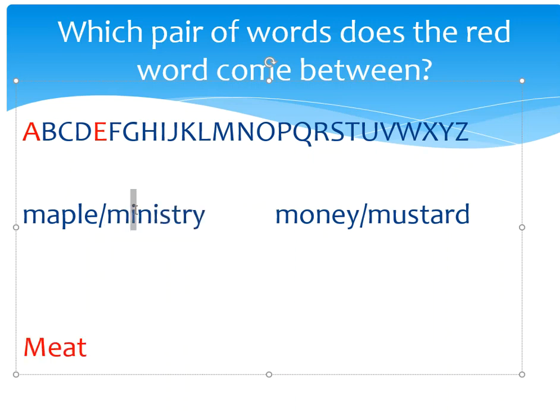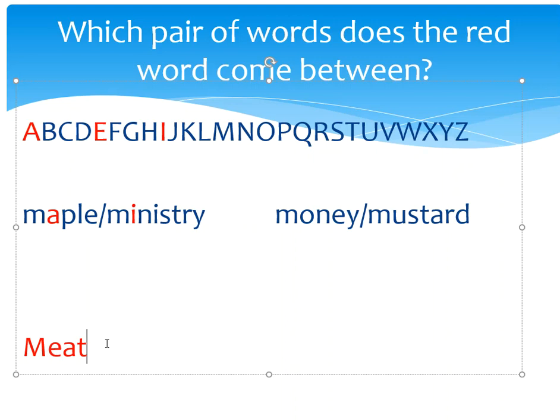So does M-I come after M-E? Yes. So does the word meat fall between maple and ministry? Yes, because does the letter E fall between A and I? Here's A. Here's I. Does E fall between?